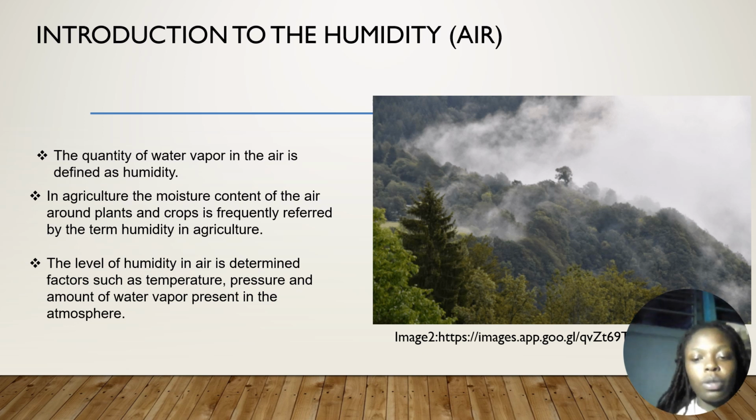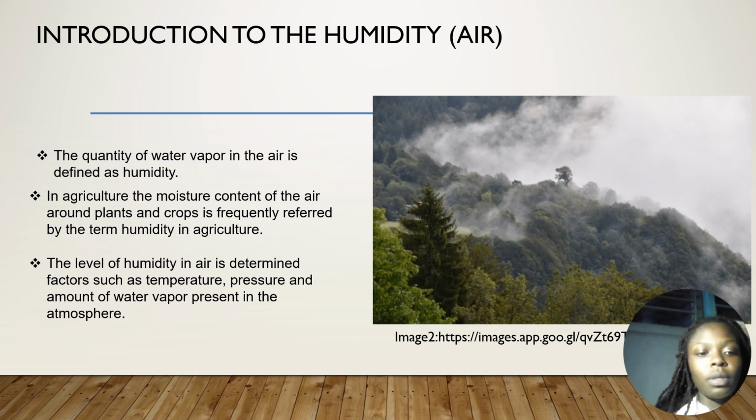We are talking about humidity. Introduction: the quantity of water vapor in the air is called humidity. In agriculture, the moisture content of the air around plants and crops is frequently referred to by the term humidity.